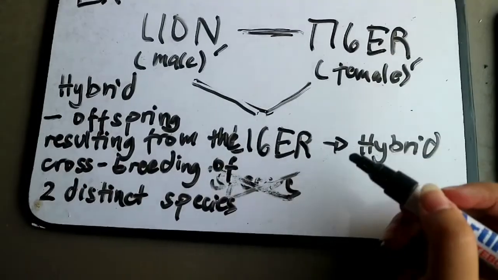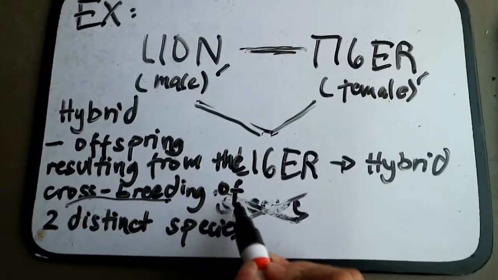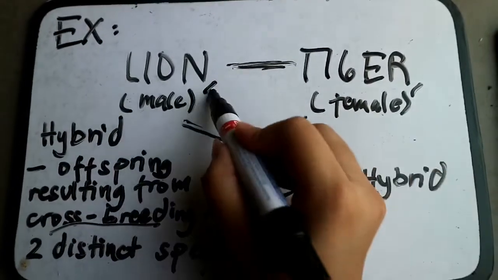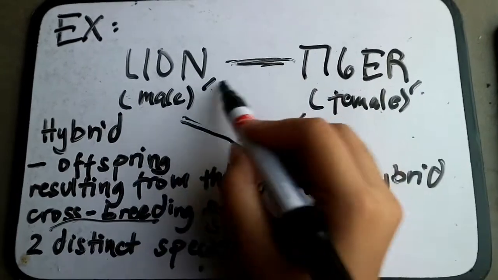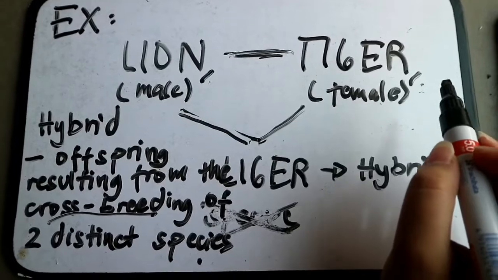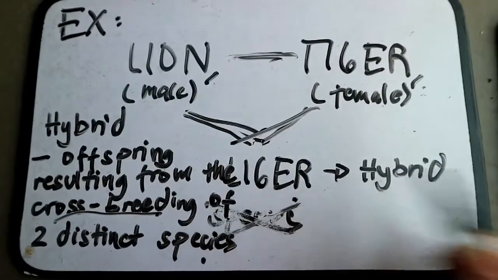So a hybrid is an offspring resulting from the crossbreeding of two distinct species, just like the example of the lion and the tiger. The lion and the tiger are two different or distinct species. So as they interbreed with each other, it created a liger.